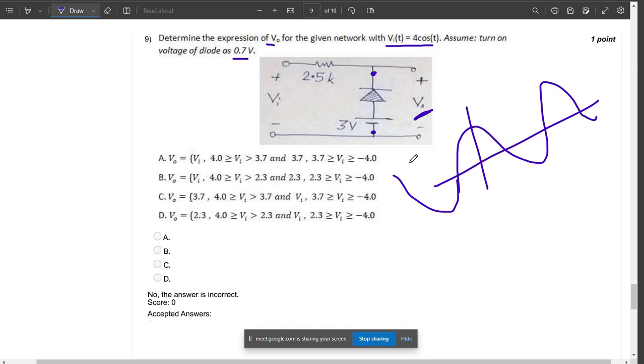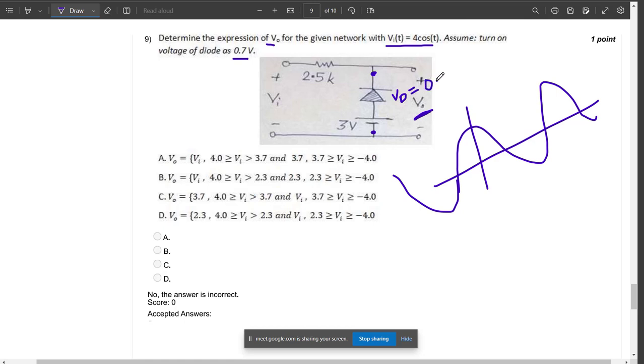So we can model that diode as 0.7 voltage drop and an ideal diode, without a drop. So that 0.7 in the negative direction will make that 3 volt source 2.3 volt source. It will be in opposite direction, in series opposition. So 3 minus 0.7, that is 2.3 volt in series with an ideal diode.